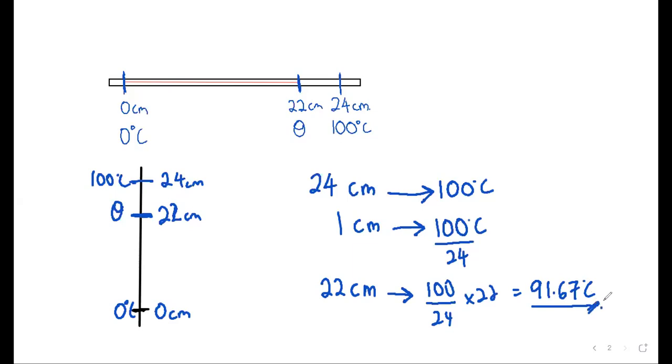Okay, done. Another example I give, Mr. Chu. See here. Let's say this is the thermometer, and it is a non-calibrated thermometer. This is the 0 cm, and this is the 4 centimeter length.